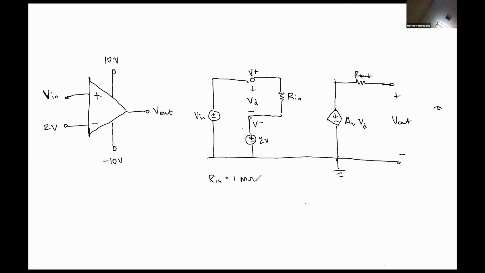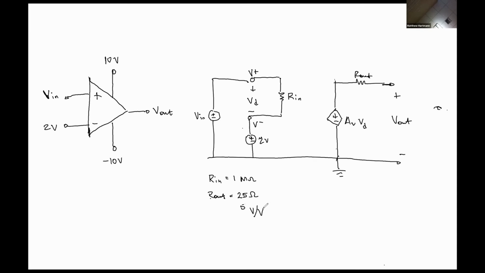And let's say Rout is 25 ohms. And that our voltage gain, Av, is going to be 100,000. So that would be 10 to the 5 volts per volt.